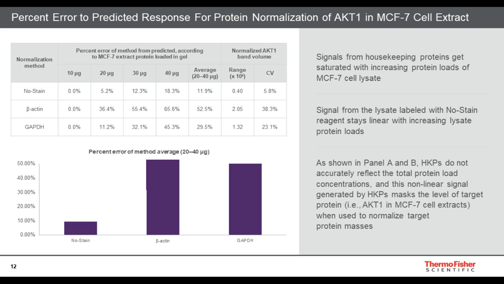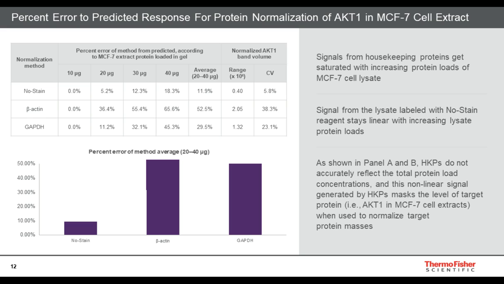Here again, we looked at the percent error to predict response from this particular experiment. As you can see, the percent error for No-Stain was significantly lower compared to beta actin and GAPDH, which further highlights the accuracy of No-Stain-based quantification in MCF7 cell extract as well when using AKT1 as the target protein.